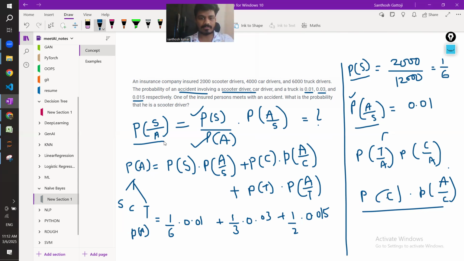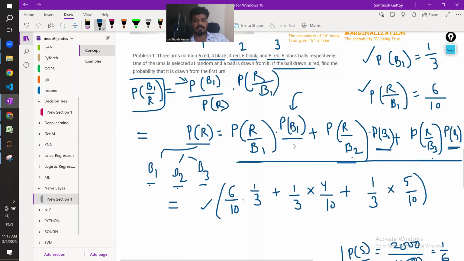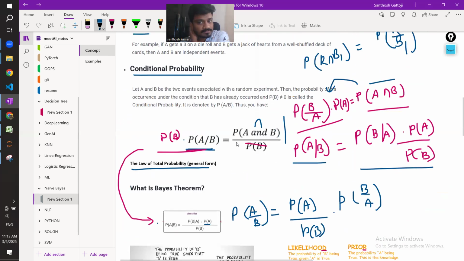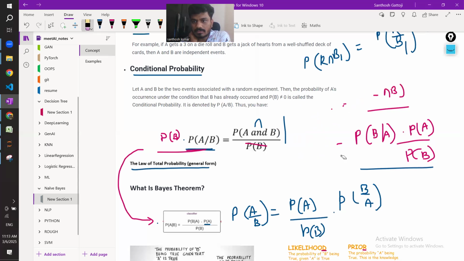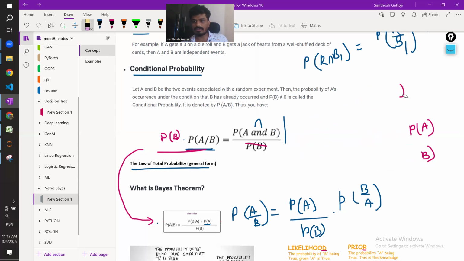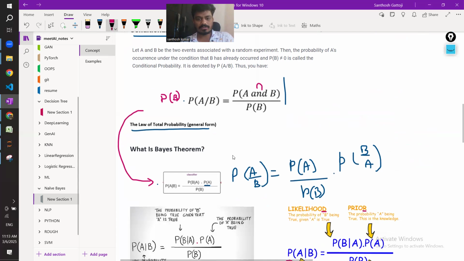These are conditional probabilities, and for that we have this formula. I think you are clear with the formula also, like how you can derive Bayes theorem from conditional probability.